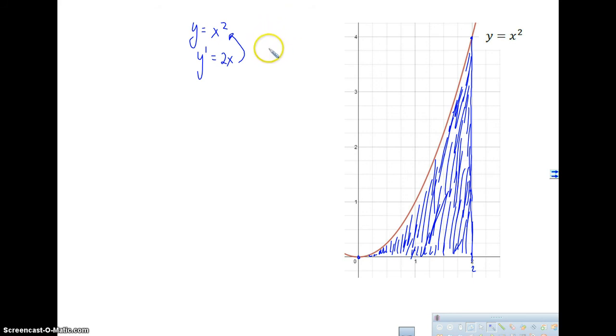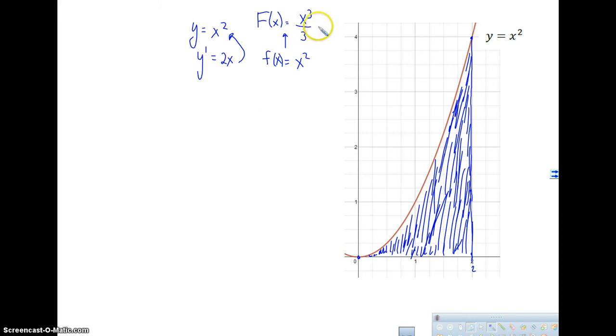If I had f of x equals x squared and I wanted an antiderivative, a lot of times we make it a big F, big F of x. I'm going to add 1, so 3, and then divide by that number, 3.